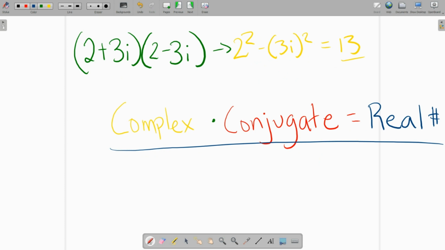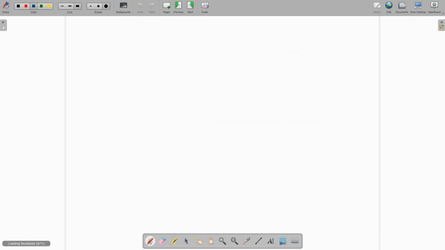With all of that in mind, we also have some theorems related to complex numbers and their conjugates. The theorem is, if z stands for a complex number, we'll say z equals a plus bi, which is the standard form.